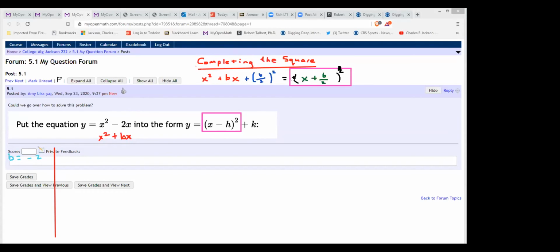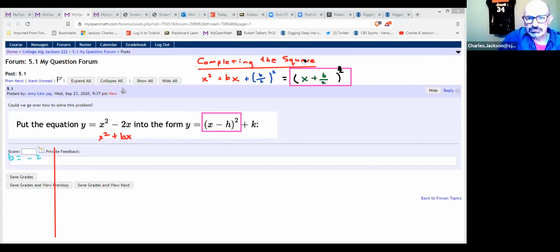And according to this rule, we have to add the square of b over 2 to what's in the box, to this x squared minus 2x, and then we will have a completed square. We have to justify it somehow. Okay. So y equals x squared minus 2x.